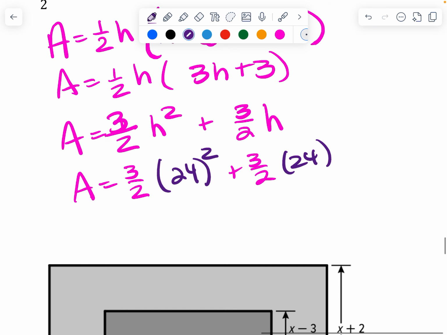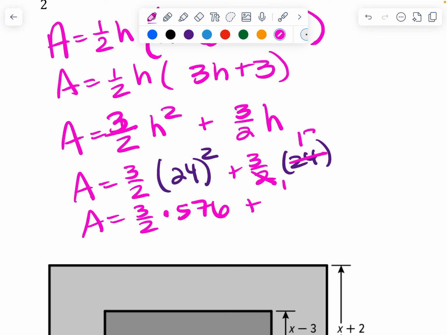Okay, so 24 squared. We're going to do 576 plus this 2 cancels with this, and I get 12.